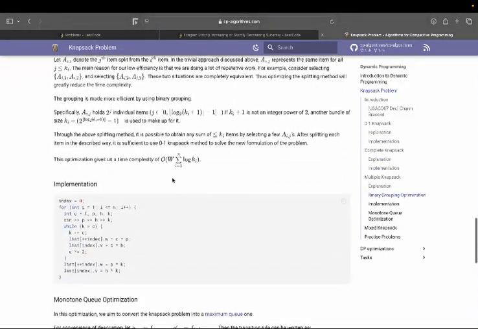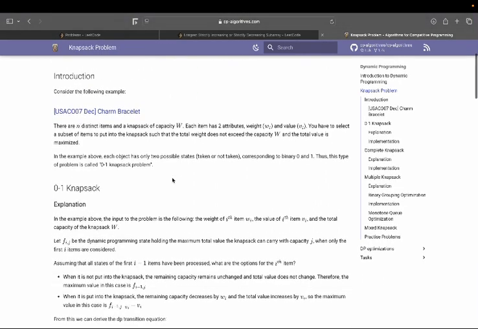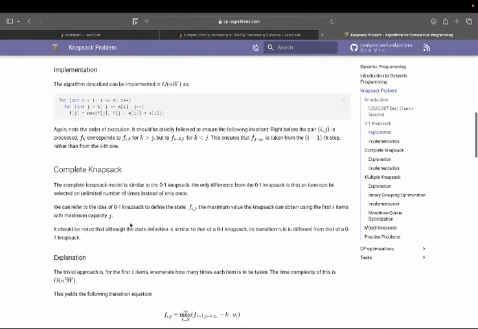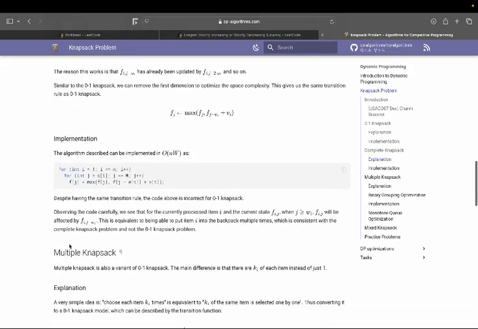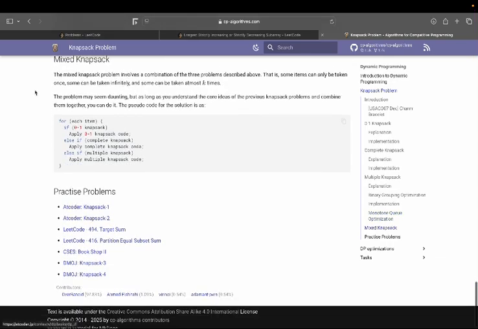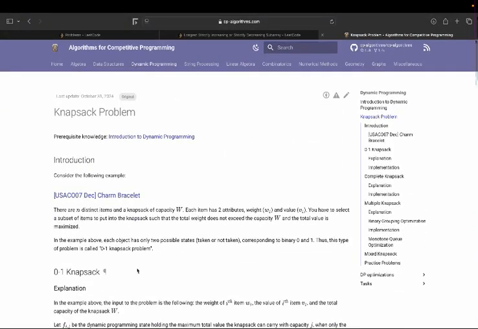I found this explanation very interesting and very useful, and I recommend you read about knapsacks. There are multiple types of knapsacks: zero-one knapsack, complete knapsack, multiple knapsack, and mixed knapsack. You can try all the knapsack problems too, but we're going to discuss this one.